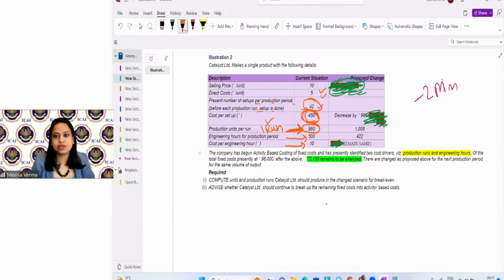The company has begun activity-based costing of fixed cost and has presently identified the cost drivers, production run and engineering hours. Of the total fixed costs presently at 96,000, after the above, 70,100 remain to be analyzed. There are changes as proposed above for the next production period for the same volume of output. So it is mentioned that the number of units that you are producing here under the proposed change is the same.